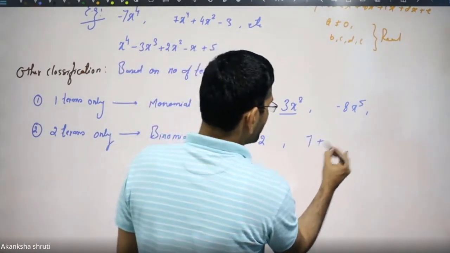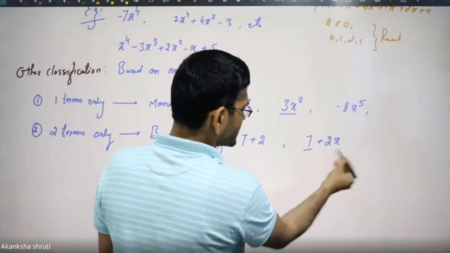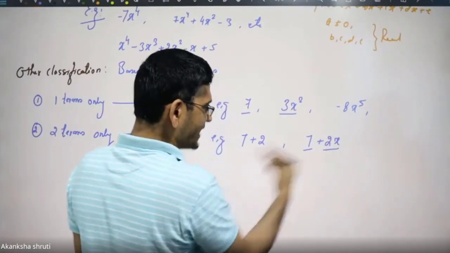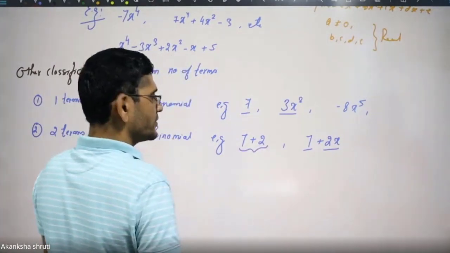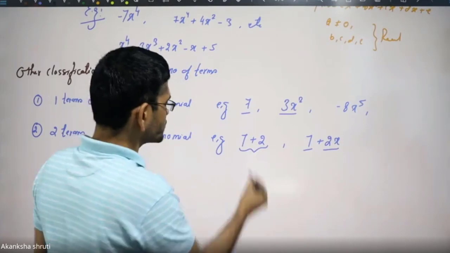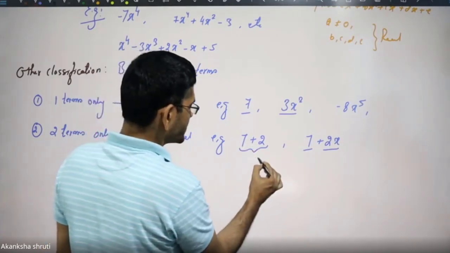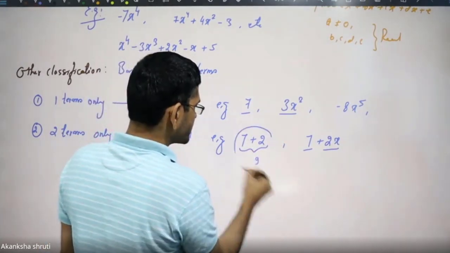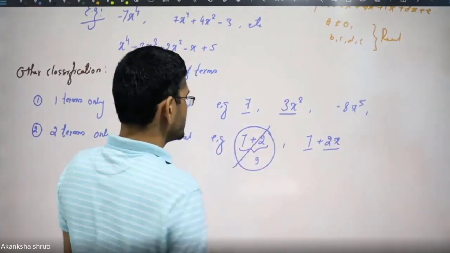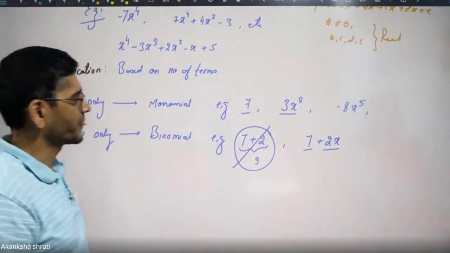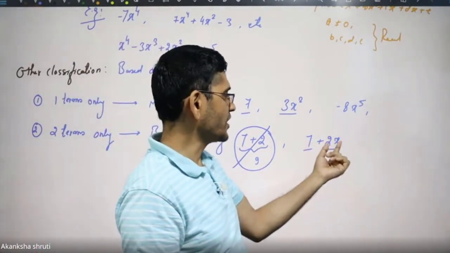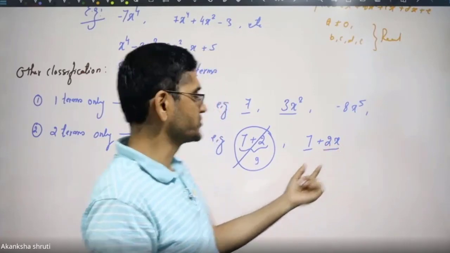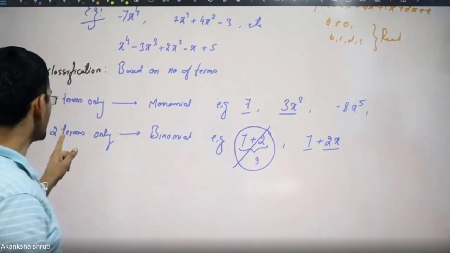Or 7 plus 2x? This is one kind of term, this is another kind of term. So 2 kinds of term must be there. 7 plus 2 cannot be a binomial, because 7 and 2 are like terms, forming 9. So first you have to simplify the like terms. Then you have to observe that there are 2 kinds of terms.